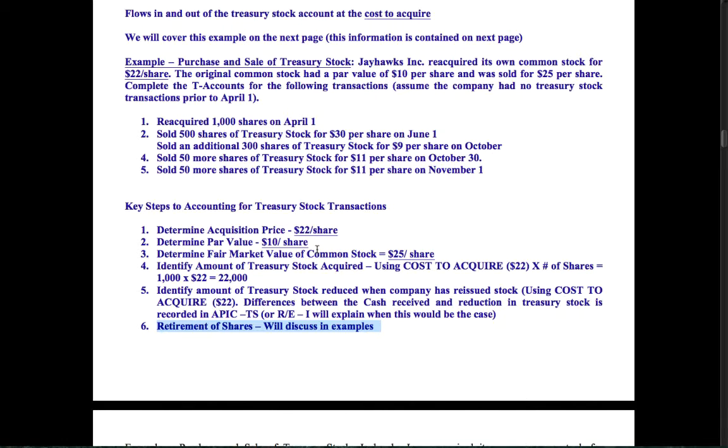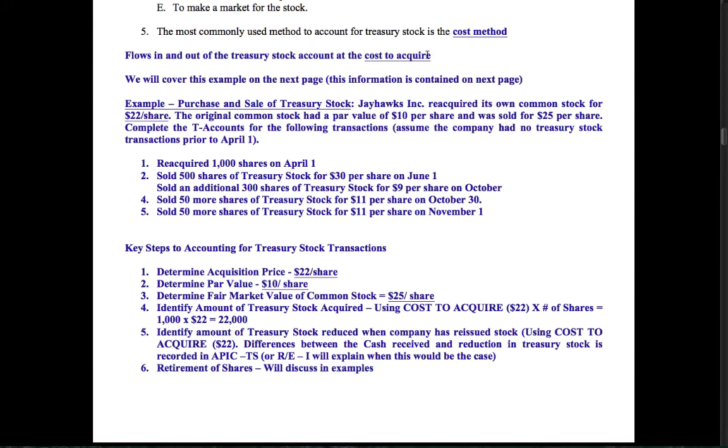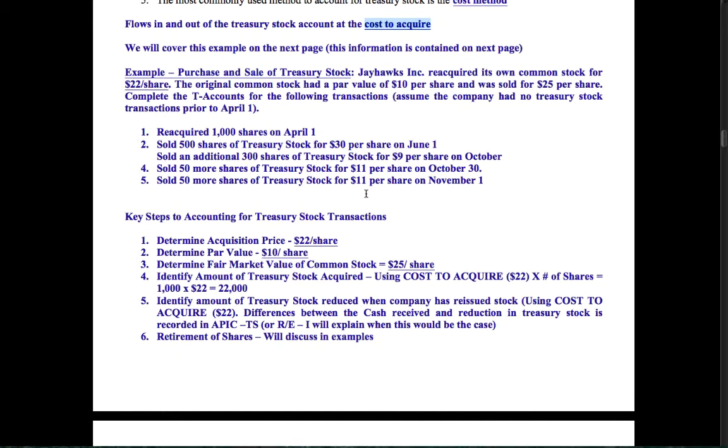So hopefully these steps will help you. I think the first thing I would do when I come across one of these problems on your homework, quiz, or the exam would be to highlight these few things to make sure you understand that one, the balances in the treasury stock account flow in and out at the cost you paid to acquire, and as right here, the cost method, highlighting the par amount, the fair market value amount, the amount that you're initially going to start with in treasury stock, and then how the treasury stock account is adjusted accordingly when you resell the shares, and then also through the retirement of shares.